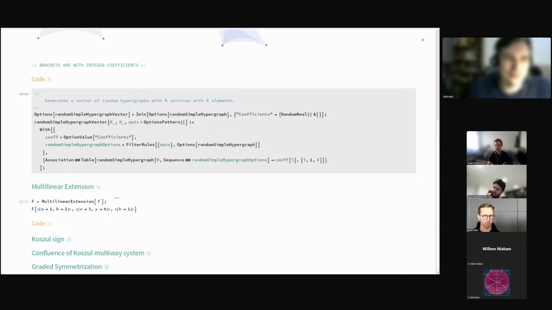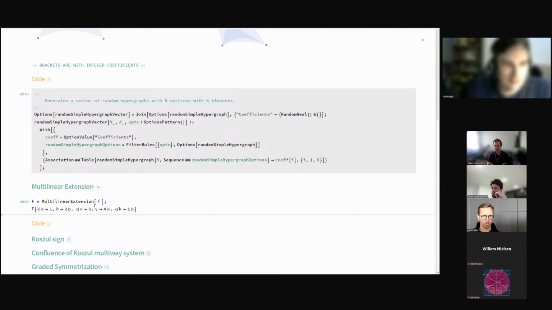And now another notion which I will use is the notion of multilinear extension. So basically, if you have a function f, I will want to extend it to a multilinear function. So big F is a function which I can feed with associations as inputs, and it will distribute the function small f in a multilinear way.